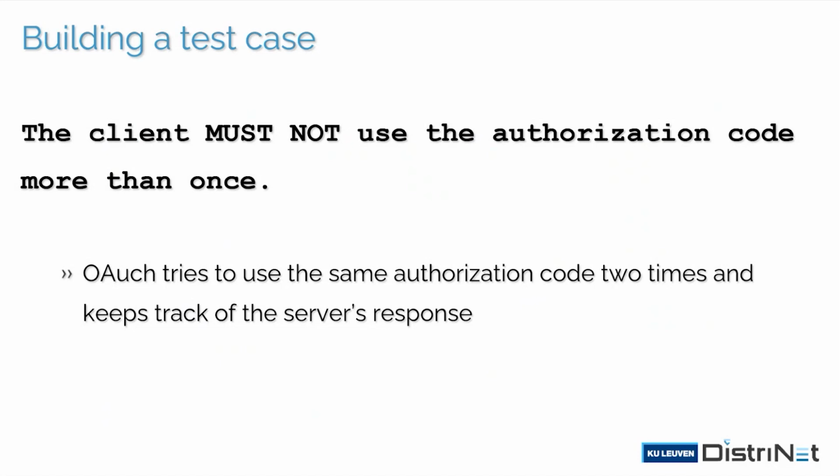Or two, the server just happily creates two sets of access tokens and doesn't care that the authorization code is used more than once. In that case, we know that the server didn't implement this countermeasure and that this is in violation of the specification. Okay, everyone's still with me? Okay.